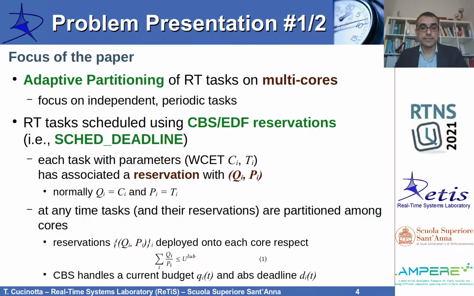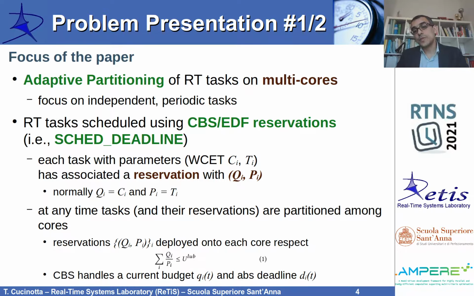And each task is associated a reservation in the scheduler, which has a budget Qi of runtime and a reservation period Pi. So normally we set the runtime equal to the worst case execution time of the task, and the reservation period equal to the task period.